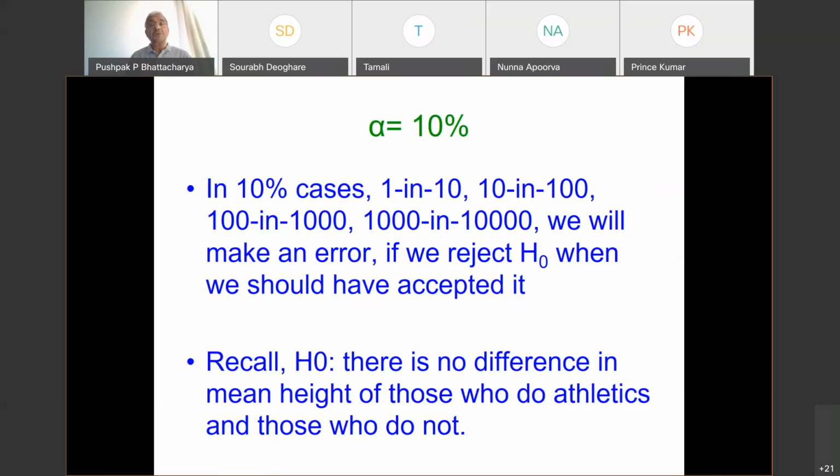Okay, and if we are prepared to tolerate that kind of error, then this 90% confidence interval is fine, and we are all right rejecting the null hypothesis. If we say that there is a difference in the mean height, that is the type 1 error we are committing.